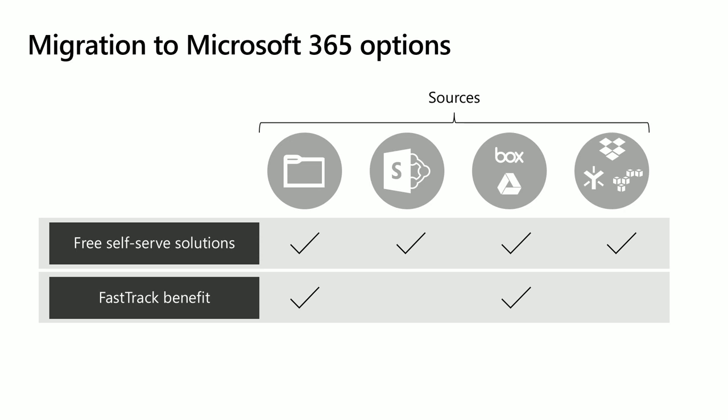You can use SharePoint Migration Tool to get your file share, SharePoint on-premises to the cloud. You can leverage Mover to get your cloud files from out of a lot of different storage providers. And if you need a helping hand with your migration, we have the Fast Track migration benefit that can help you with the migration itself.